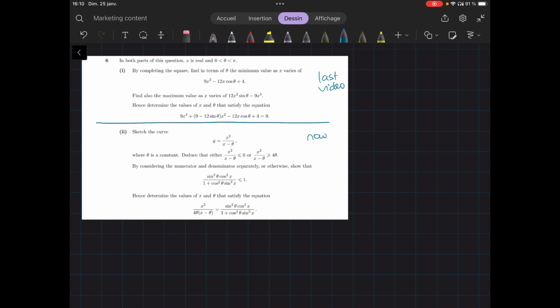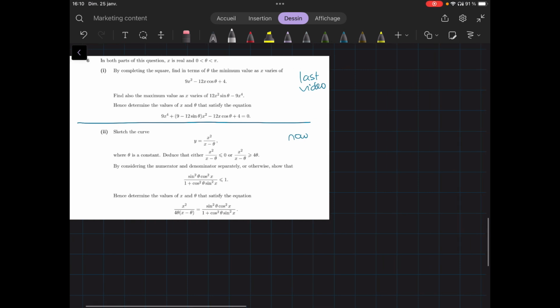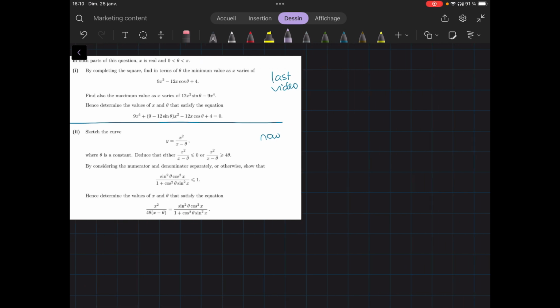So, the idea of part one that the question is introducing is that, let's say you have two functions. We know that this is f of x, and this is the minimum value of f of x. This is g of x, and this is the maximum value of g of x.